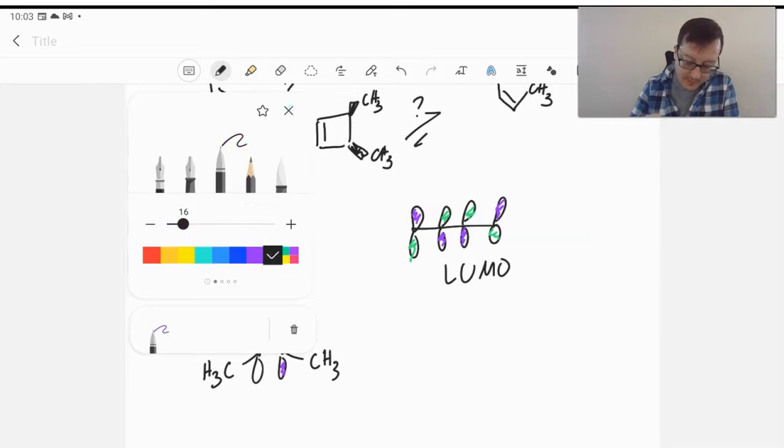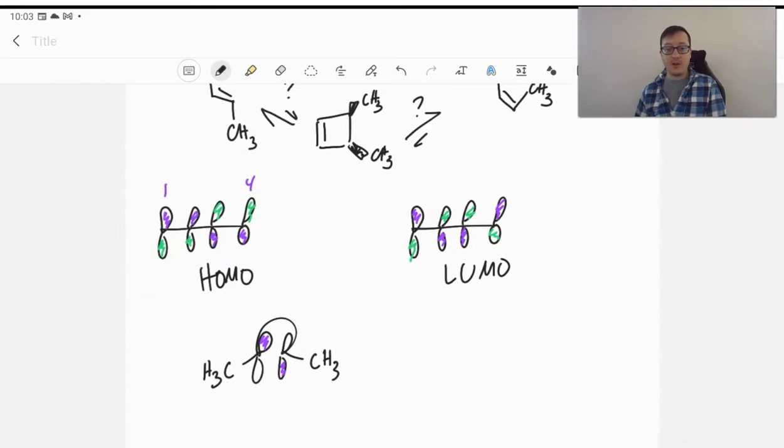And therefore, if these need to rotate together, we're going to have one rotating counterclockwise. The other one would also be counterclockwise. And therefore, this is going to be a conrotatory process.